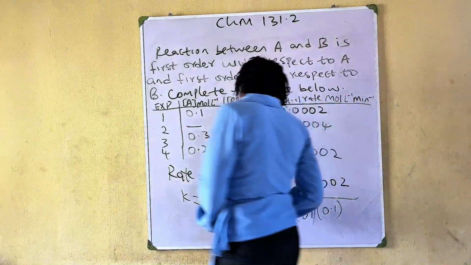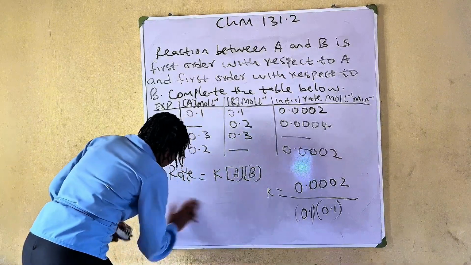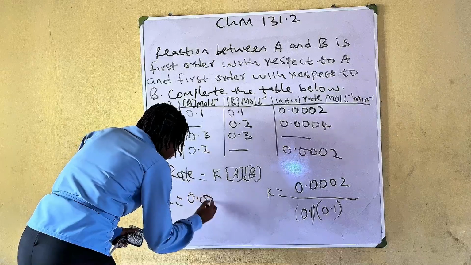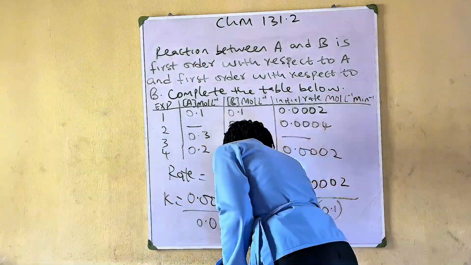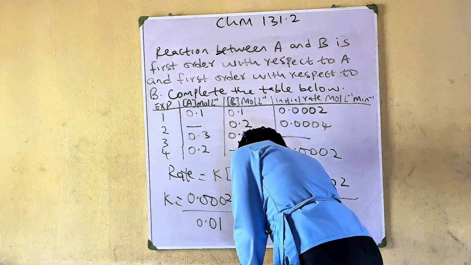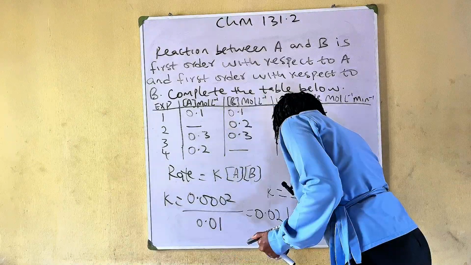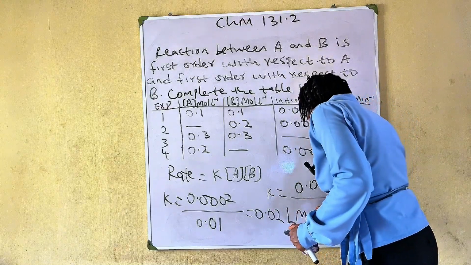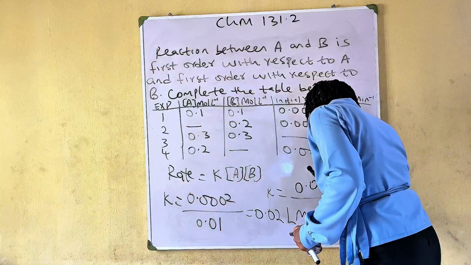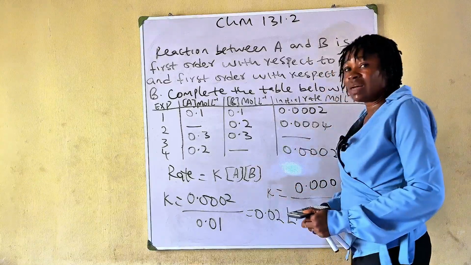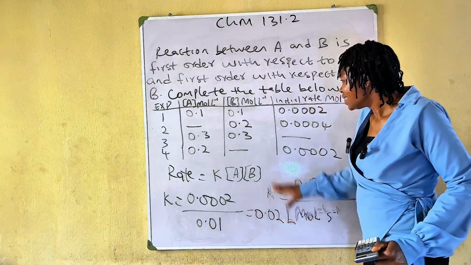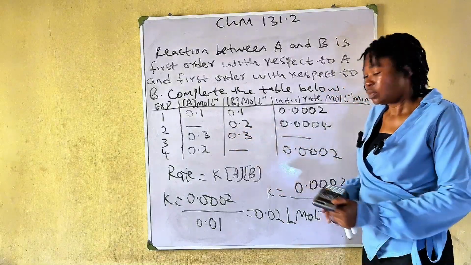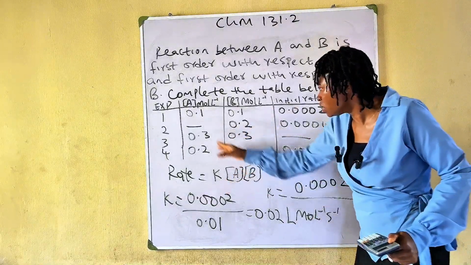So when you solve that, k is going to be 0.2. The unit of the rate constant for a second order reaction is liters per mole per second. So since I've gotten our k, to find this one will not be difficult, it will be simple. You just substitute using this formula.